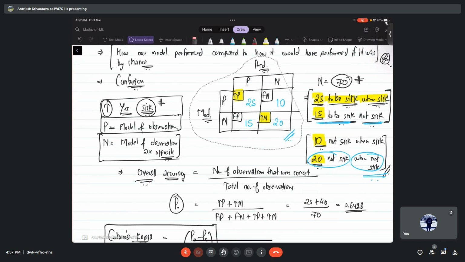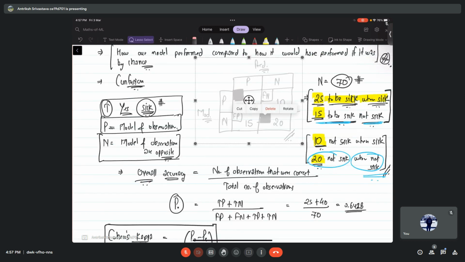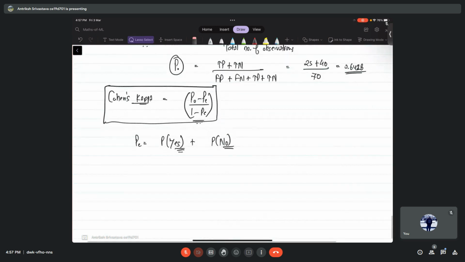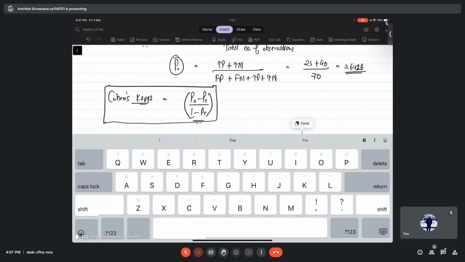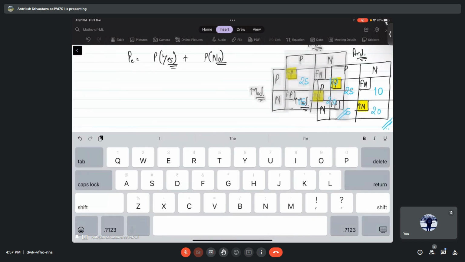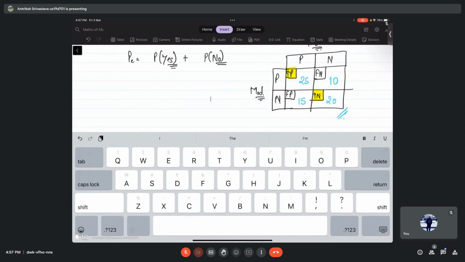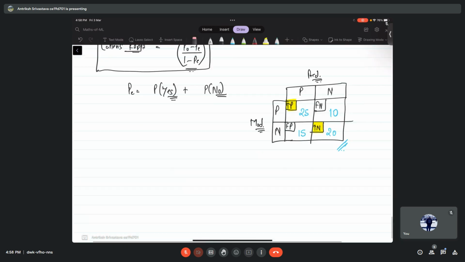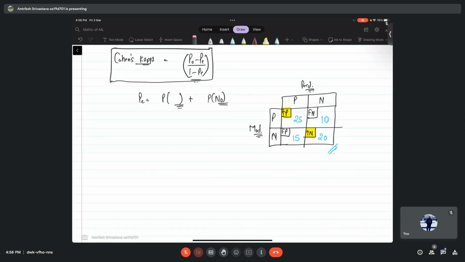It will be much easier than explaining the theory, which is actually difficult to understand. When you have made this confusion matrix, calculation of PE becomes very easy. So for yes, or let's say positive, or for no, or let's say negative, what is the probability?